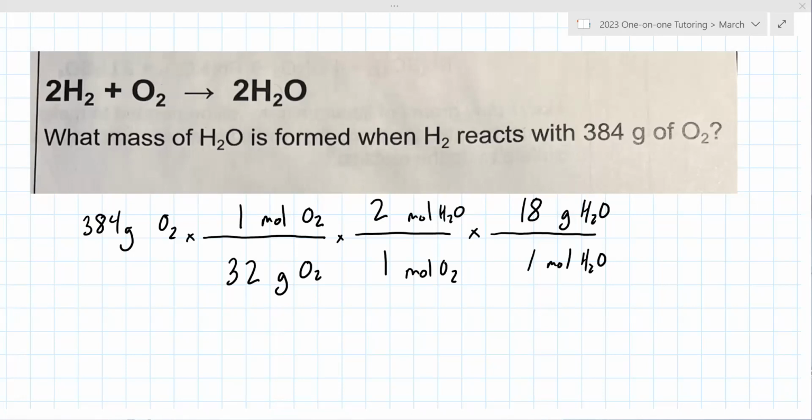Let me know when you come up with your final calculation. Mm-hmm. 43 grams. I got something different. Check your calculation one more time.